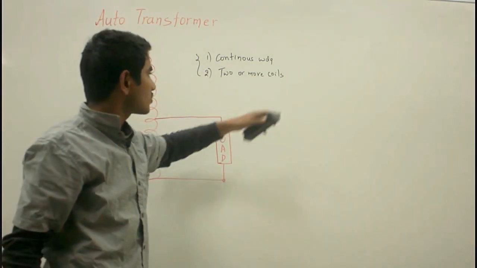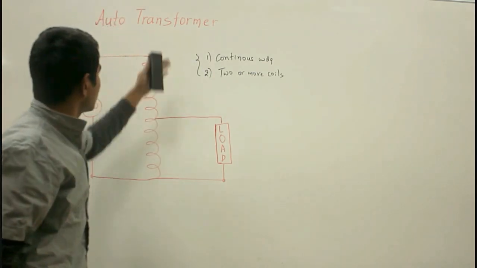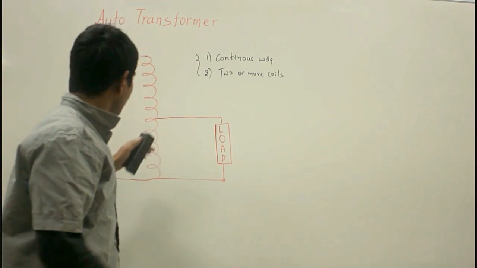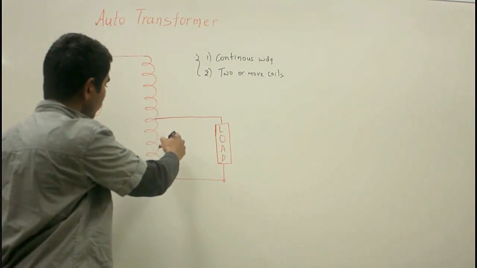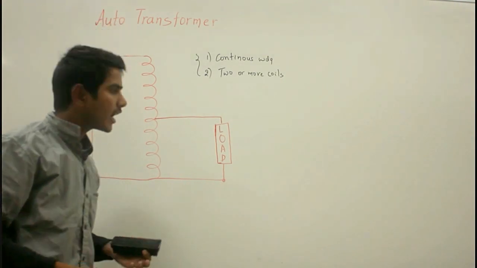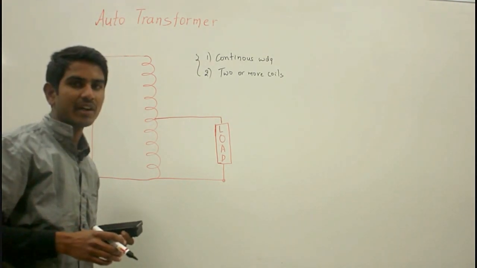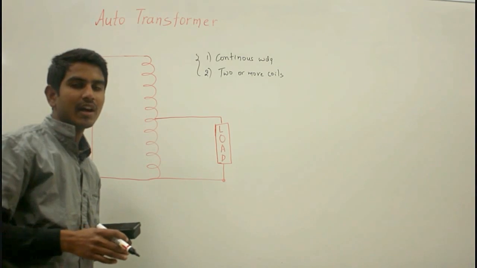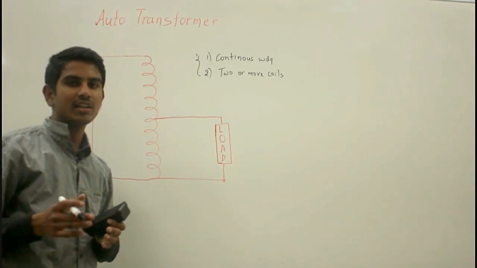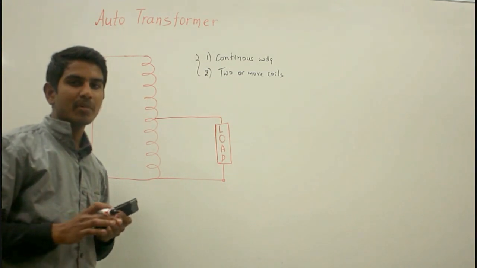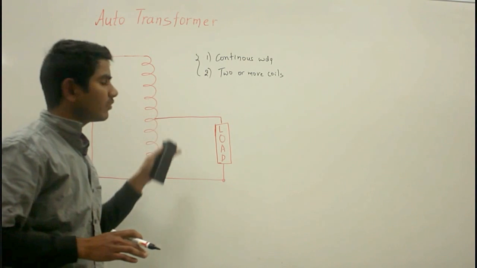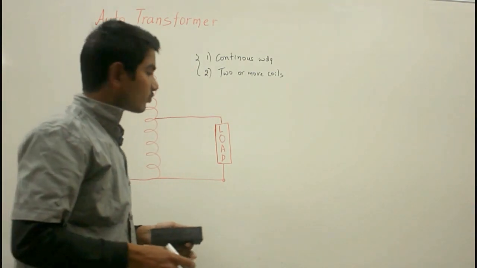Now the difference between the auto transformer and a conventional transformer is that here a single winding is used for both primary and secondary, but in the conventional transformer we have two distinctly separate windings, one for the primary and one for the secondary.